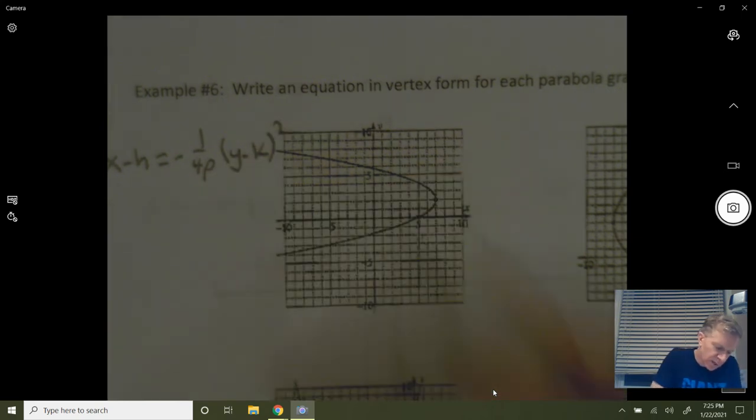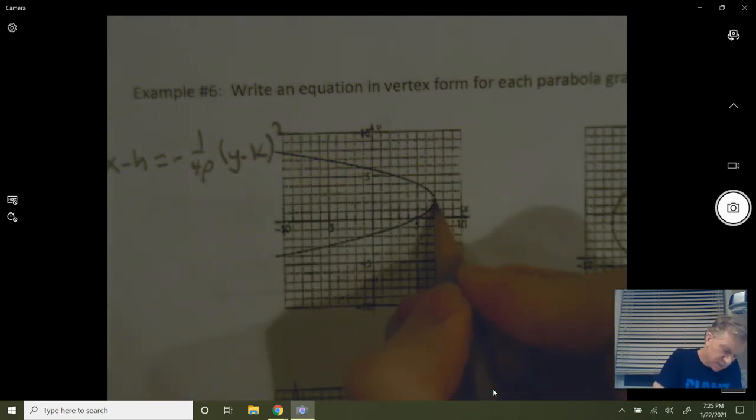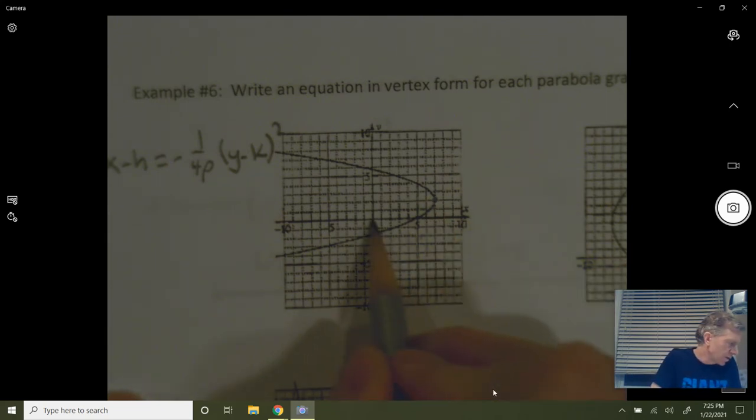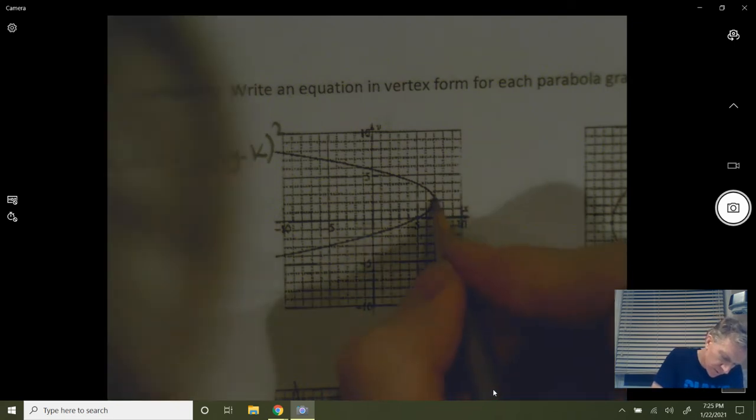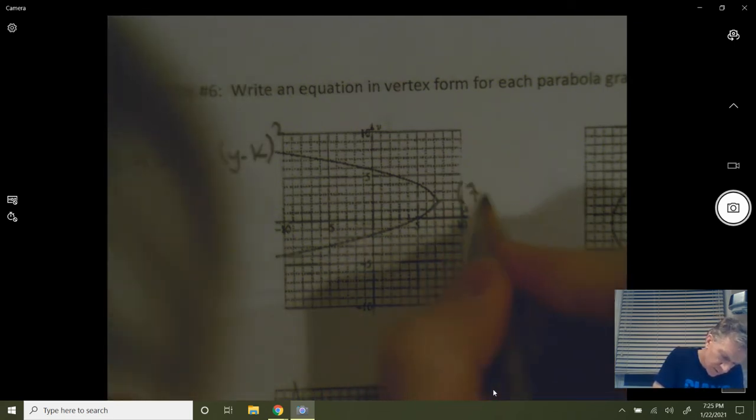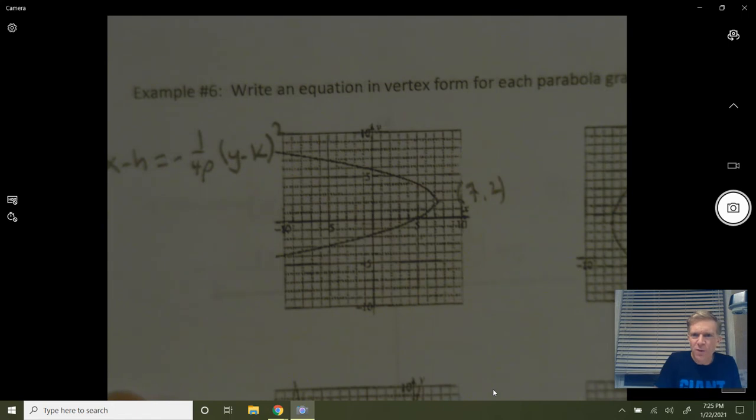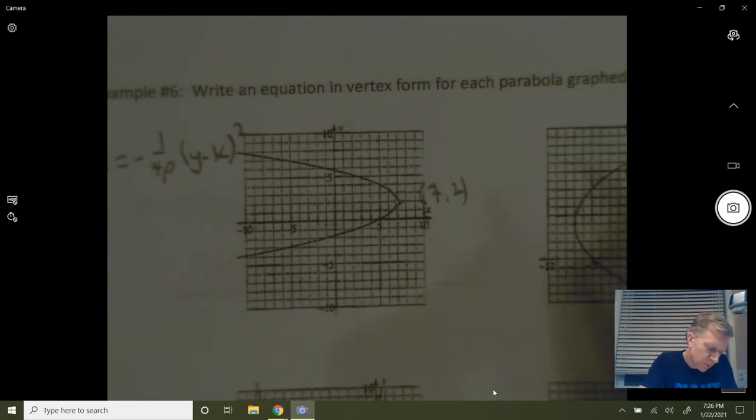Let's find our vertex. The vertex is 5, comma 4. That is not 5, comma 4. That vertex is 7, comma 2. Now we have to find one more point that is actually on the parabola. So that's this point up here.